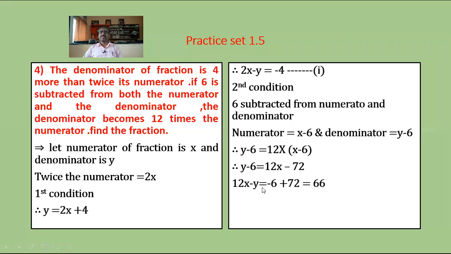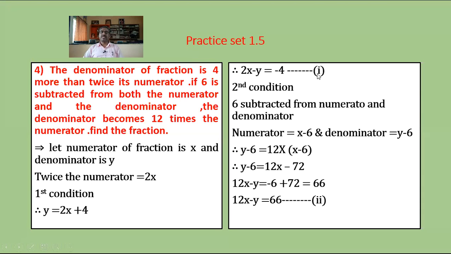Therefore 12x minus y. Minus 6 and minus 72 go to the LHS side, then we get plus. Minus 6 plus 72 is equal to 66. Therefore, we get the second equation 12x minus y is equal to 66. This is equation number 2.